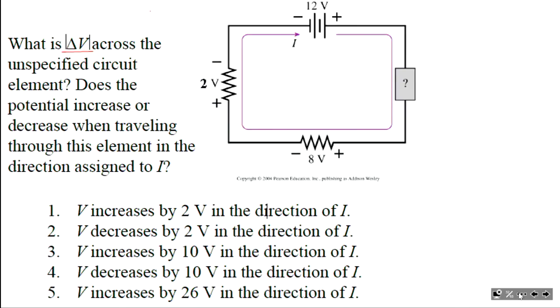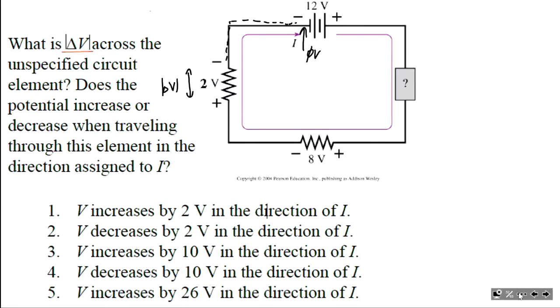very briefly. So what we know here, this potential we can set to 0 volts. And this is the voltage across the resistor.